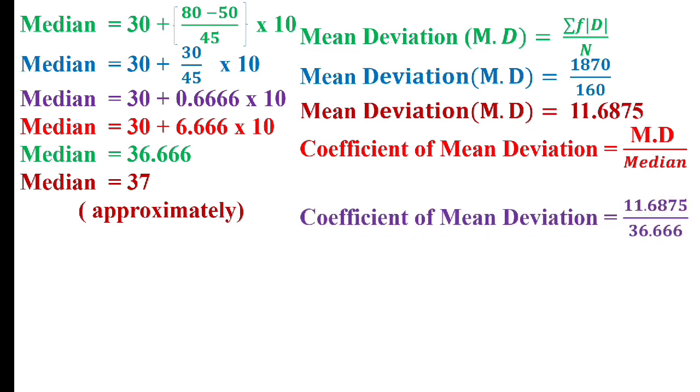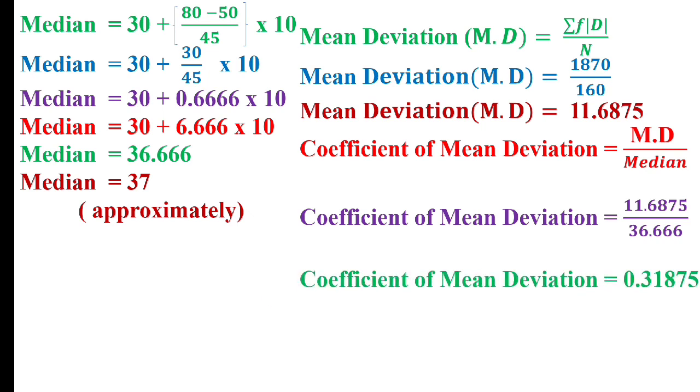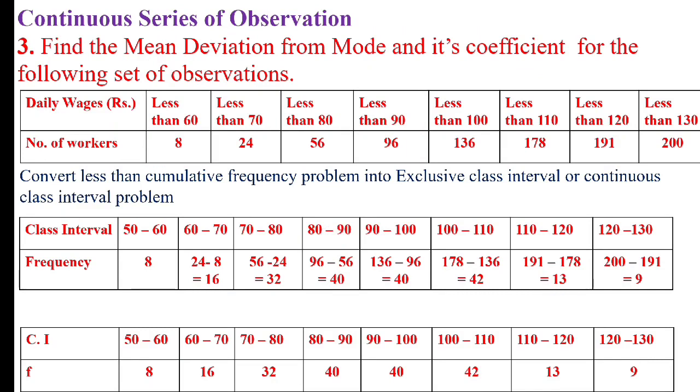Here is a less than cumulative frequency problem: less than 60, less than 70, less than 80, less than 90, like that up to less than 130. Each class interval has a difference of 10. So less than 60 means 50 to 60, 60 to 70, 70 to 80, 80 to 90, 90 to 100, 100 to 110, 110 to 120, 120 to 130. In this way we converted.